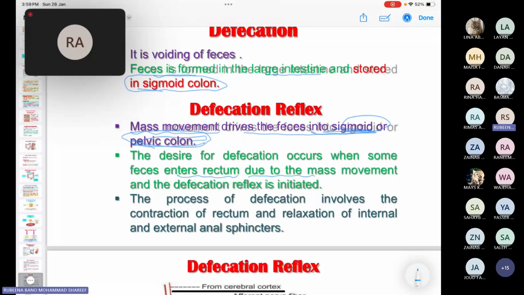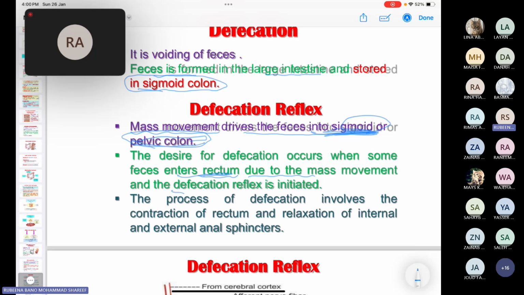So because of mass movement, which occurs due to stretching when you eat or drink, the feces from the sigmoid colon will enter into the rectum, right?